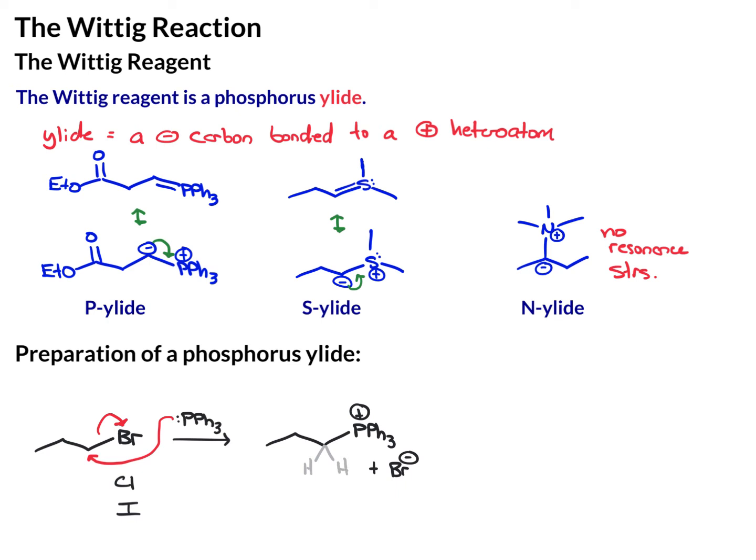So now what you can do is add a base to take one of those protons off. And these protons are especially acidic due to the neighboring positive charge. So we can add a base to this.